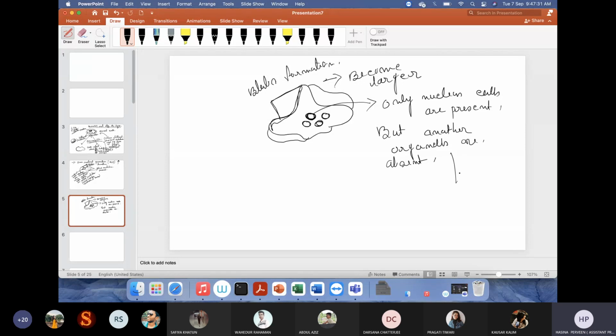That means Golgi body, endoplasmic reticulum, and others, that means proteins or DNA. Okay, this is the third step. That means this is how normal cells turn into necrosis or necrotic cells formation.